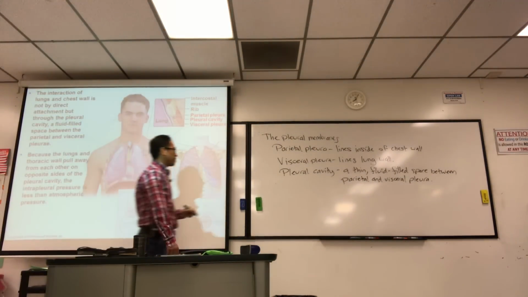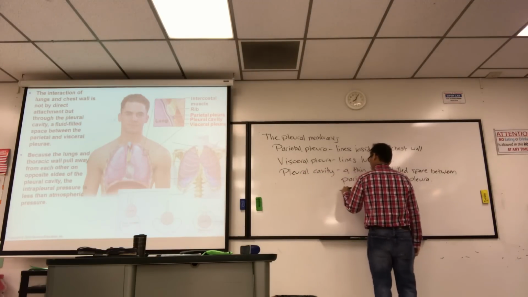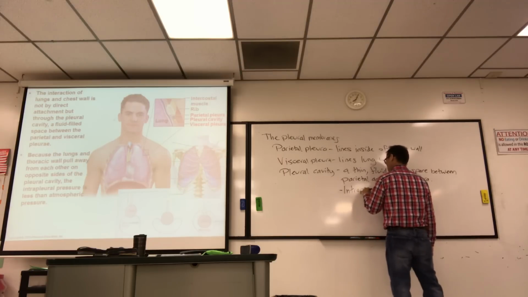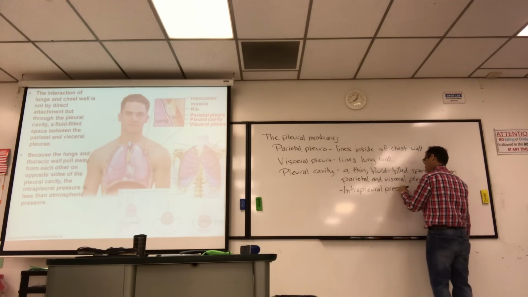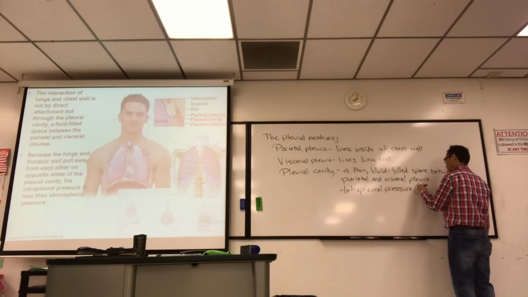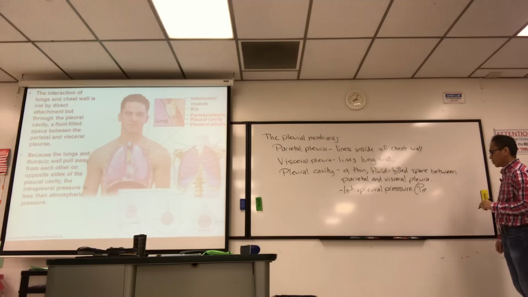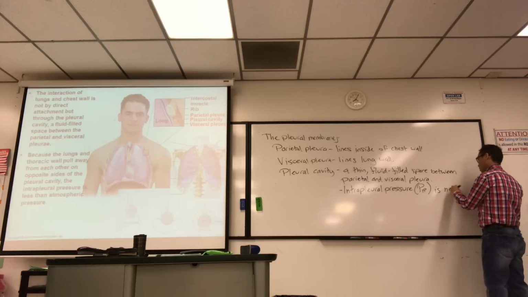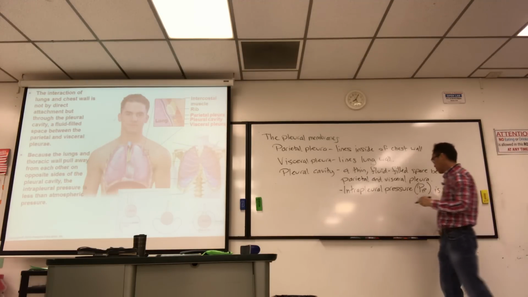So this pleural cavity has an intrapleural pressure. Sometimes I abbreviate it capital P for pressure and IP subscript as an abbreviation. And it's negative with respect to atmospheric pressure.